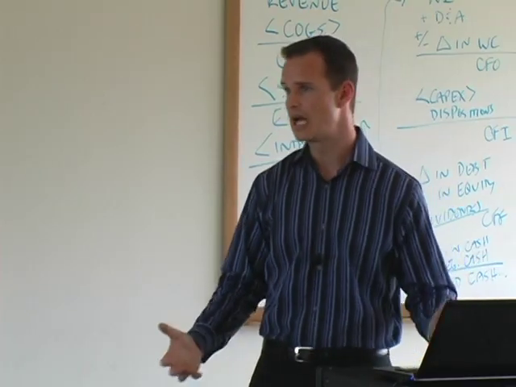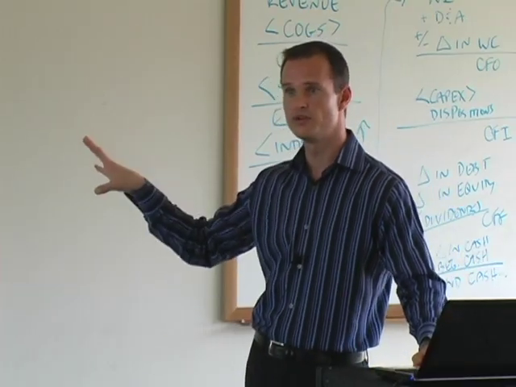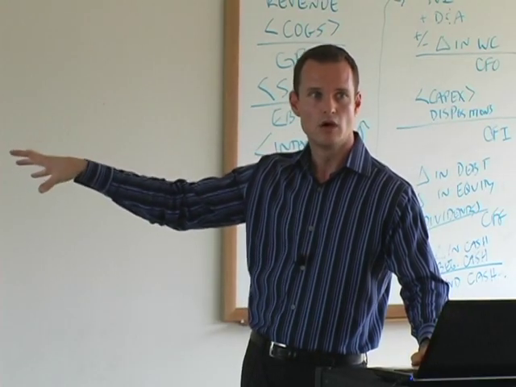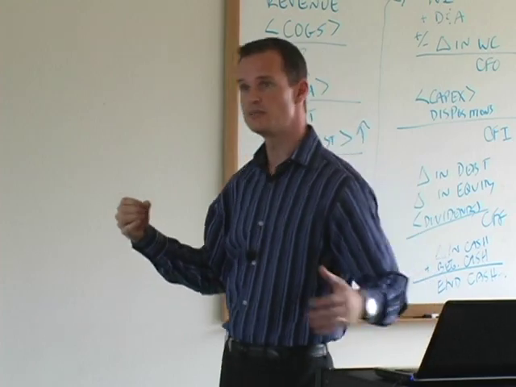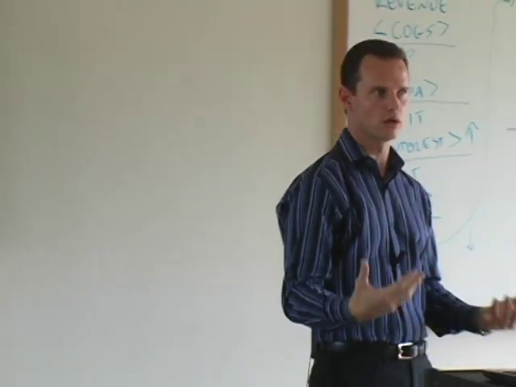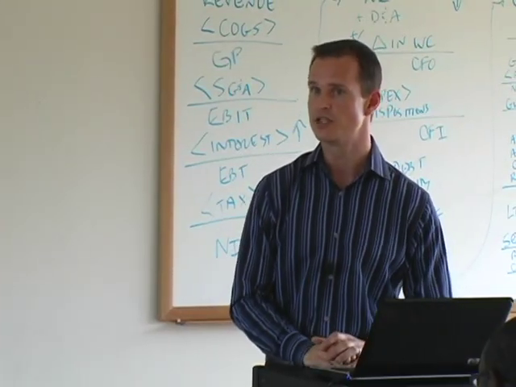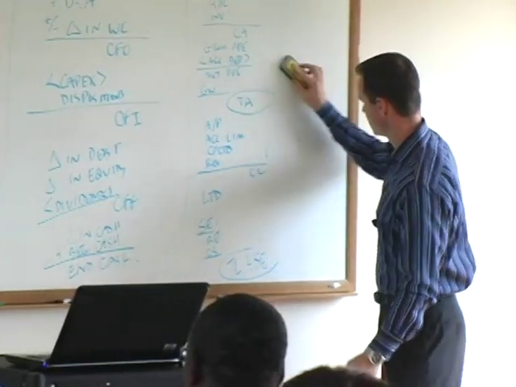It'll take us probably 2.5, maybe 3 hours to get all the way through this, but at the end of today's class, we'll have a fully working model where if we wanted to go in and say make some changes to the assumptions, say, instead of growing revenues 5%, what would the company look like if we grew them by 20%? We would be able to make that change in one place and have it flow all the way through our model. And that's one of the goals to have a working model, is to be able to sensitize it and make those changes.